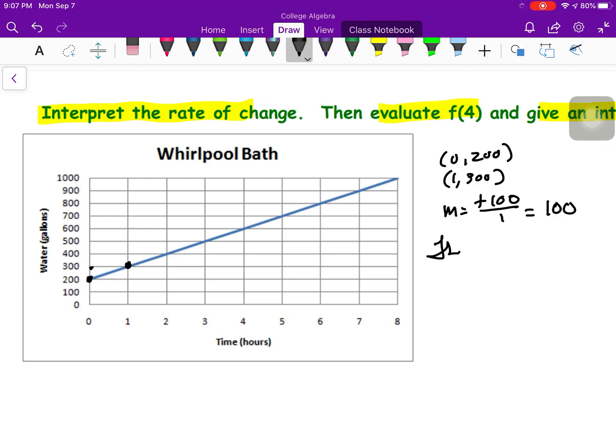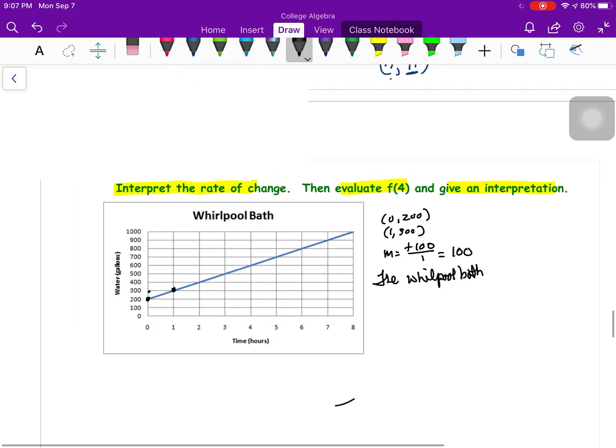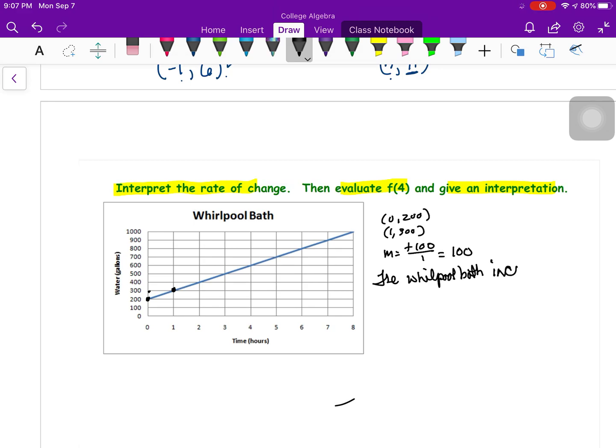So the whirlpool bath increases with 100 gallons per hour.